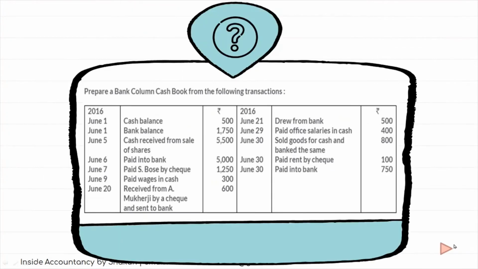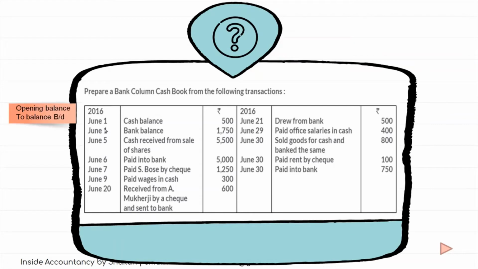So moving on to the first transaction, our first transaction is cash balance and bank balance given on June 1. The balances which are given mean that in the previous month there must be some balance of cash and bank which was left. That balance has been transferred to the current month, that is June.